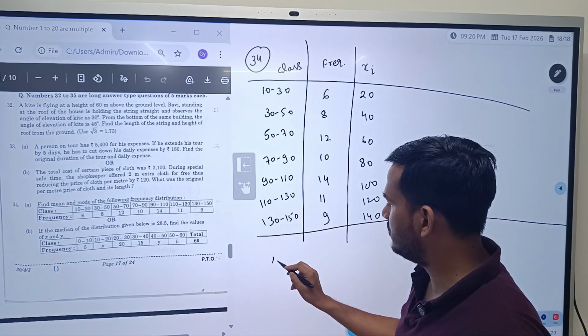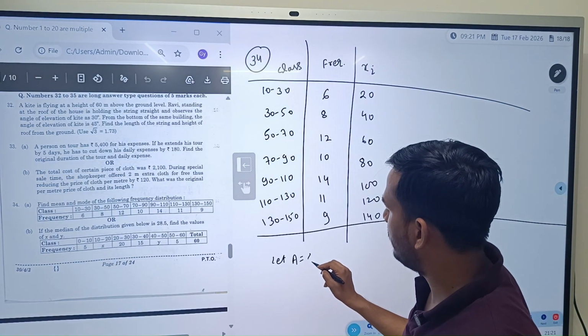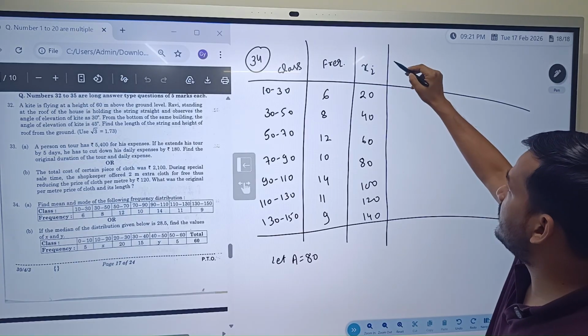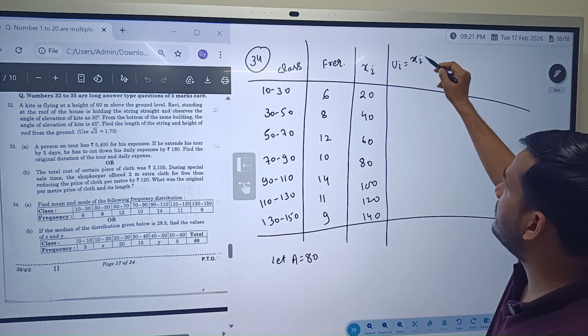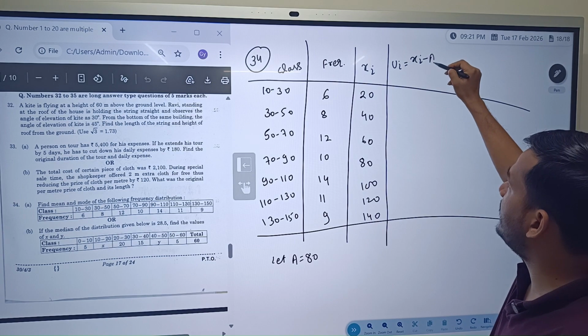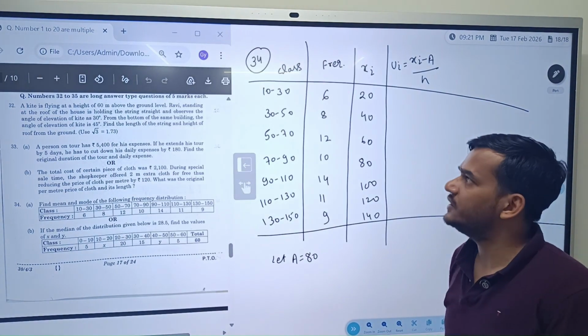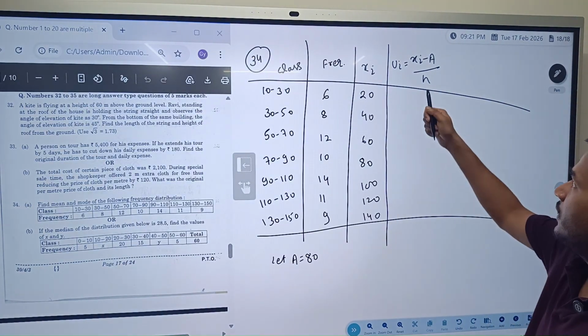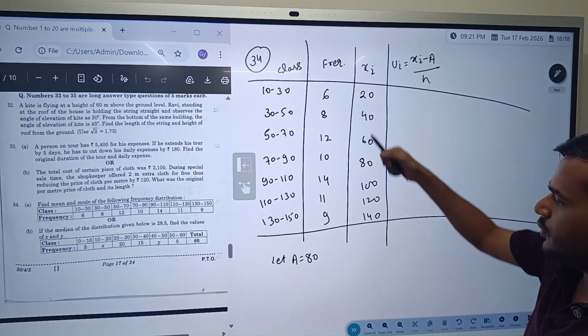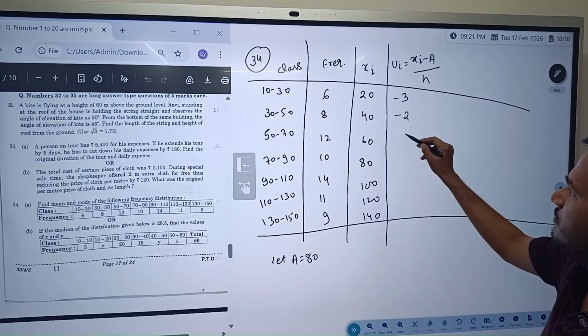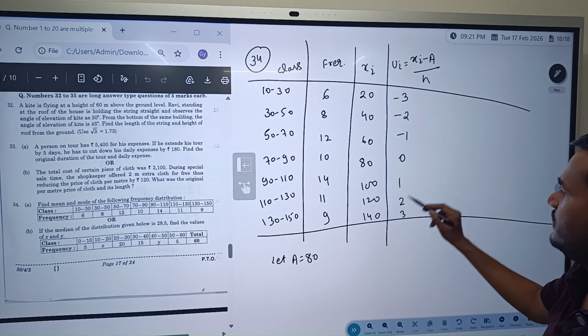So let the assumed mean A be equal to 80. We will write the value of ui, that is xi minus A upon h, where h is the step size, that is 20. So 20 minus 80 by 20, and so minus 3, minus 2, minus 1, 0, 1, 2, 3.